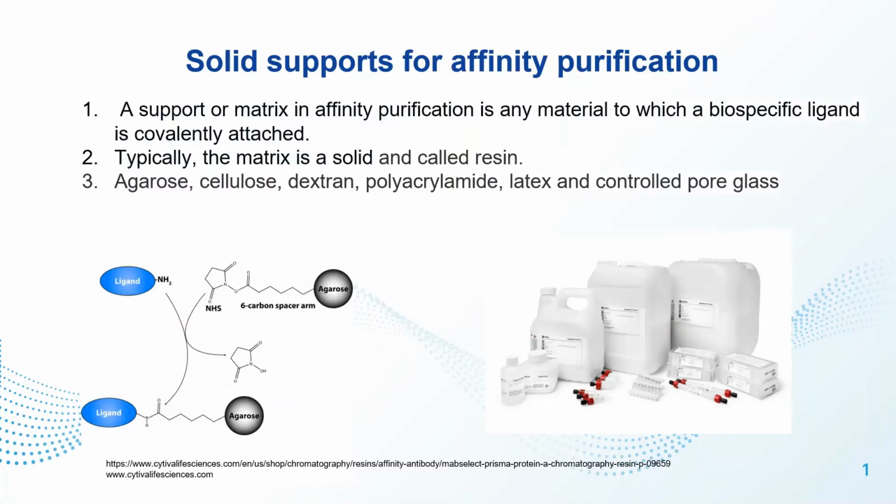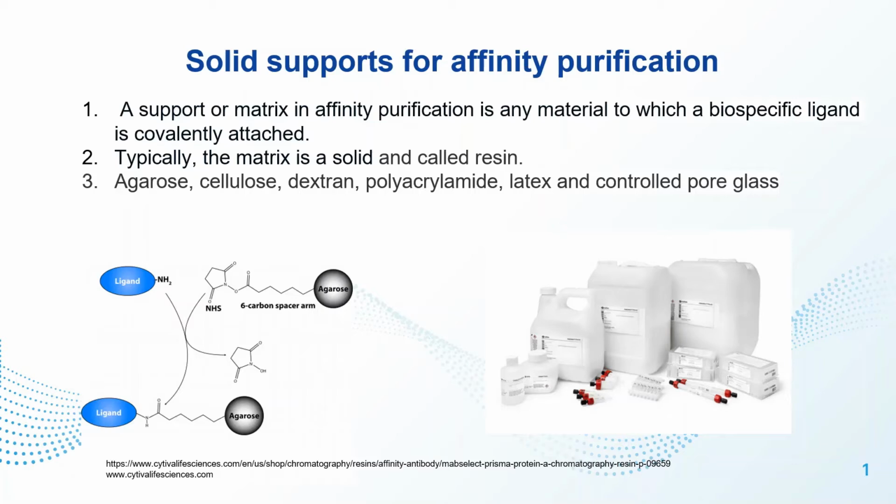The support or matrix in affinity purification is any material to which a biospecific ligand is covalently attached. Typically, the matrix is a solid and called resin. Agarose, cellulose, dextran, polyacrylamide, latex, and controlled pore glass are some of the solid supports for binding of the ligand of interest inside the column.